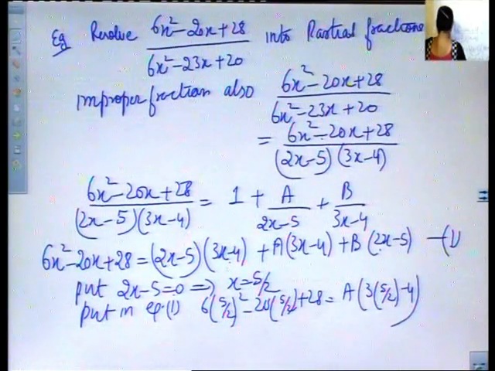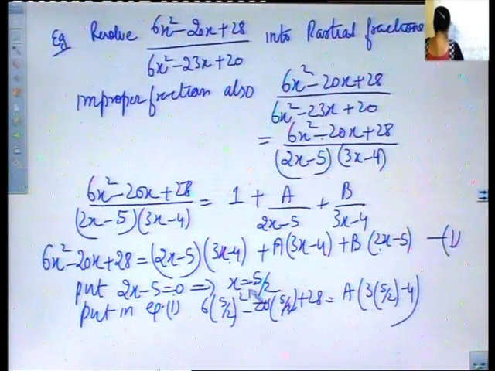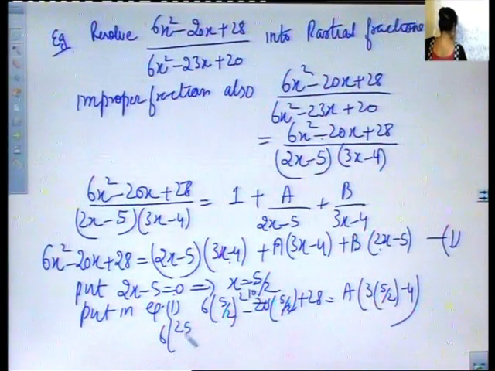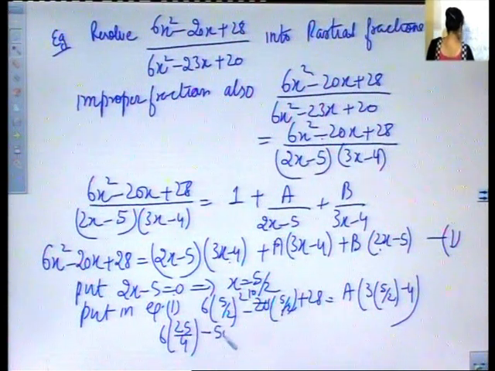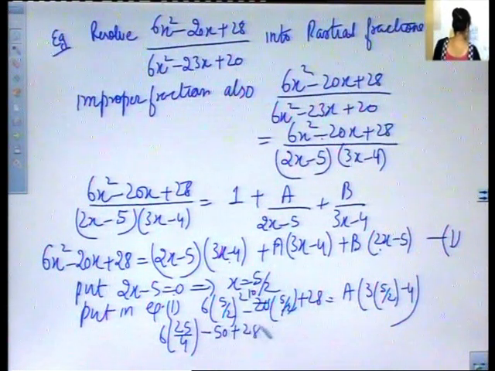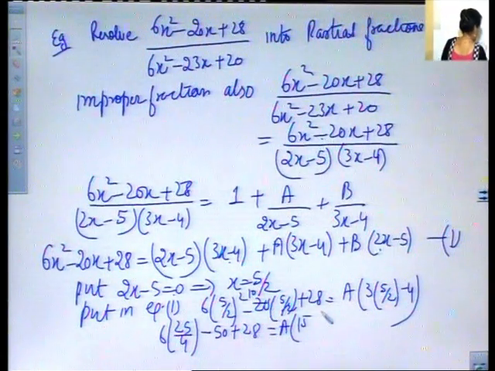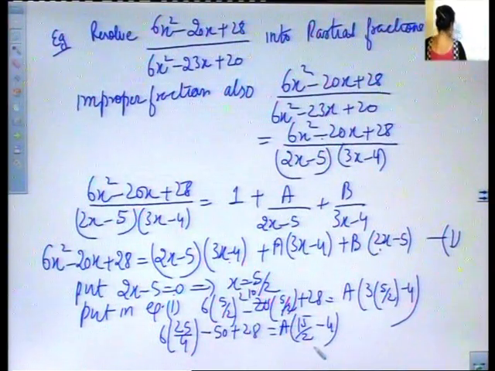So, cancelling this, we get 6 into 25 by 4 minus 50 plus 28 is equal to a into 3 into 5 by 2 minus 4.